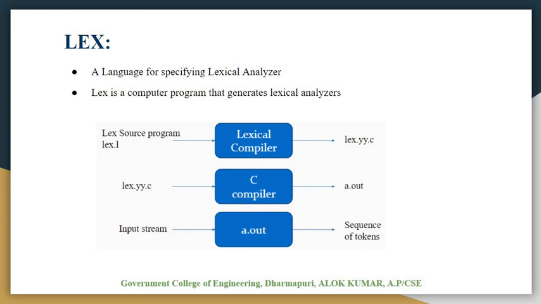Next, the C compiler takes the output of the Lex compiler as input and produces a.out. Here a.out is the lexical analyzer that takes an input stream and produces a sequence of tokens as output.